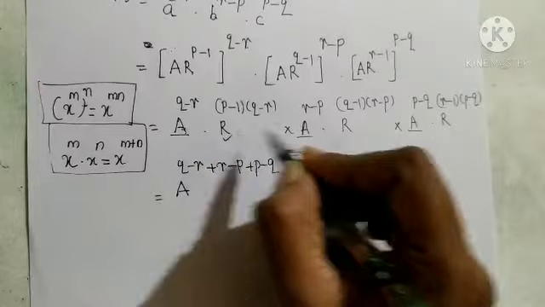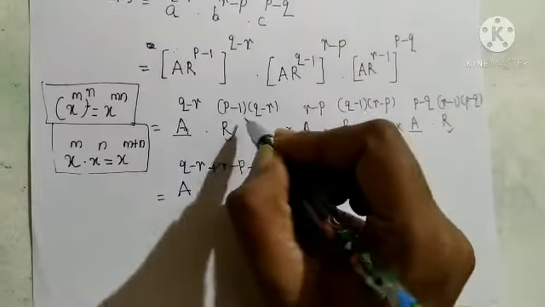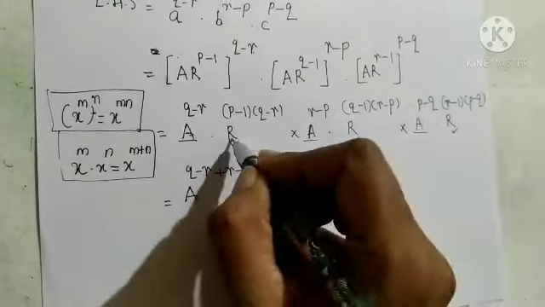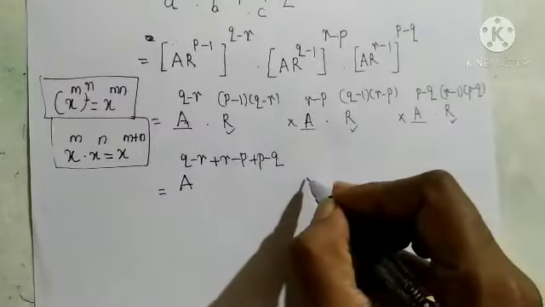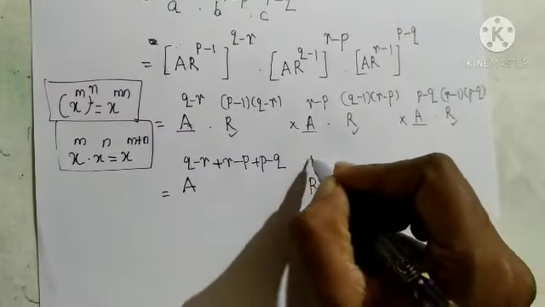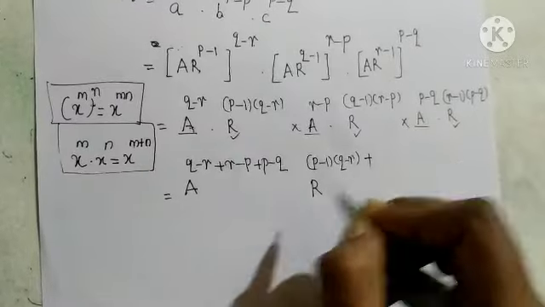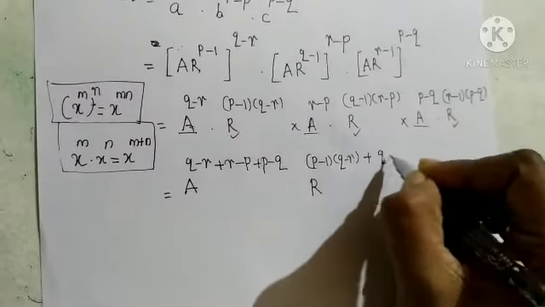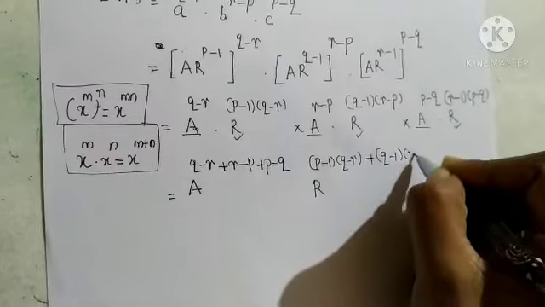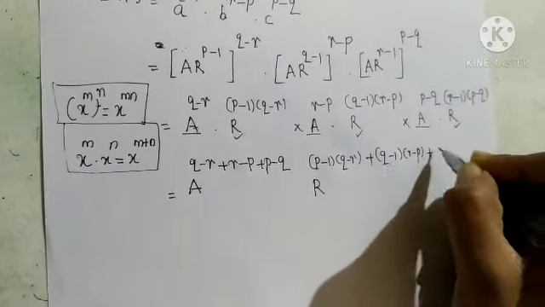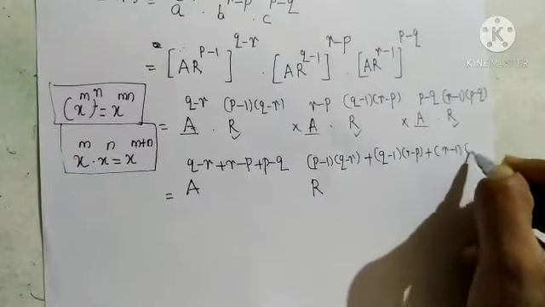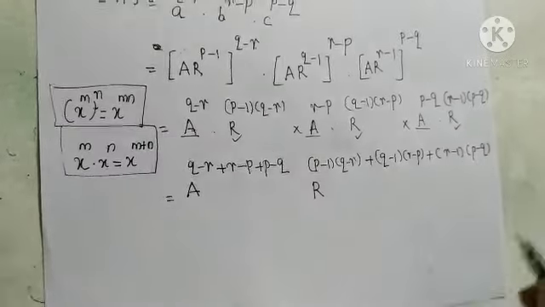Similarly, in this term also the power is different but the base is the same. So here also I am writing r raised to p minus 1 into q minus r plus q minus 1 into r minus p plus r minus 1 into p minus q.